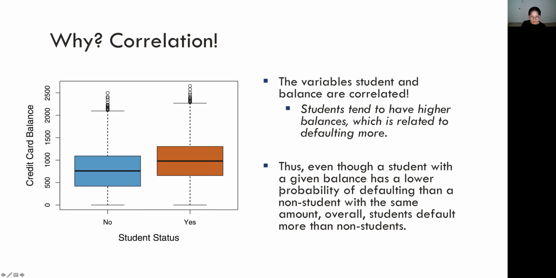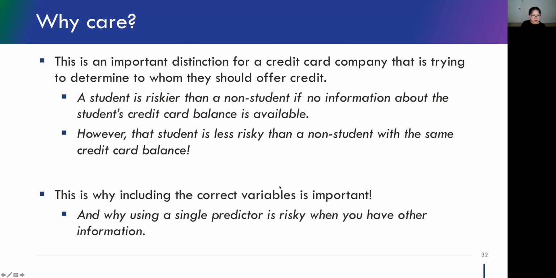Well, you can look at this more closely. But why do we care about these correlations and interpretations? Because this is really important for a credit card company trying to determine who they should offer credit to. A student is riskier than a non-student if no information about the student's credit card balance is available.